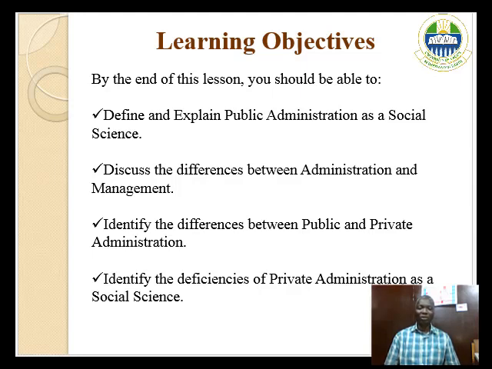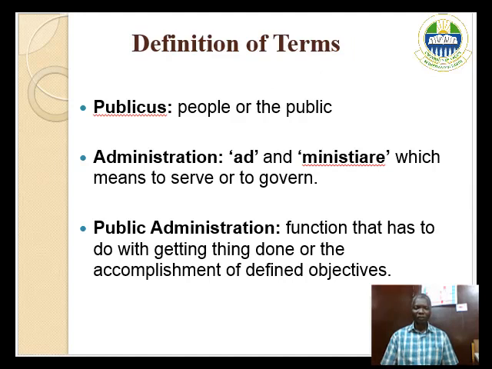You also need to discuss the differences between administration and management, and identify the differences between public and private administration. You should also be able to identify the deficiencies of public administration as a social science.